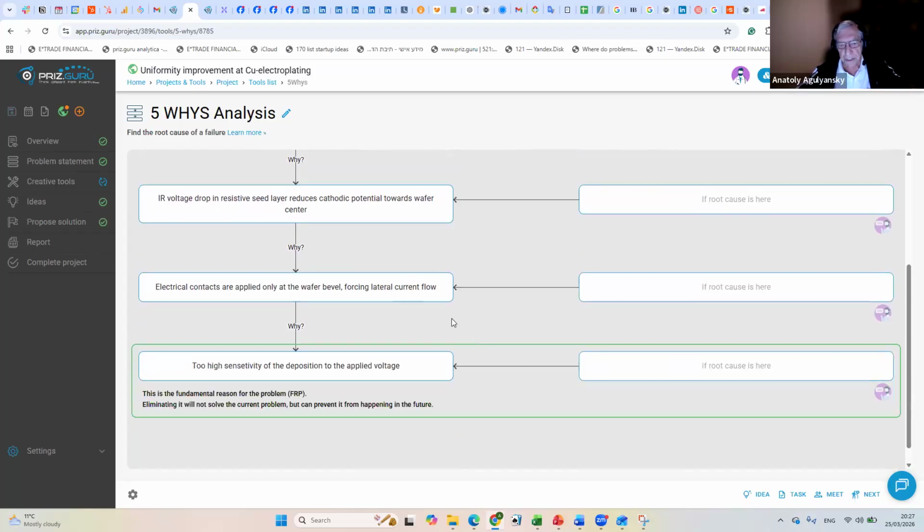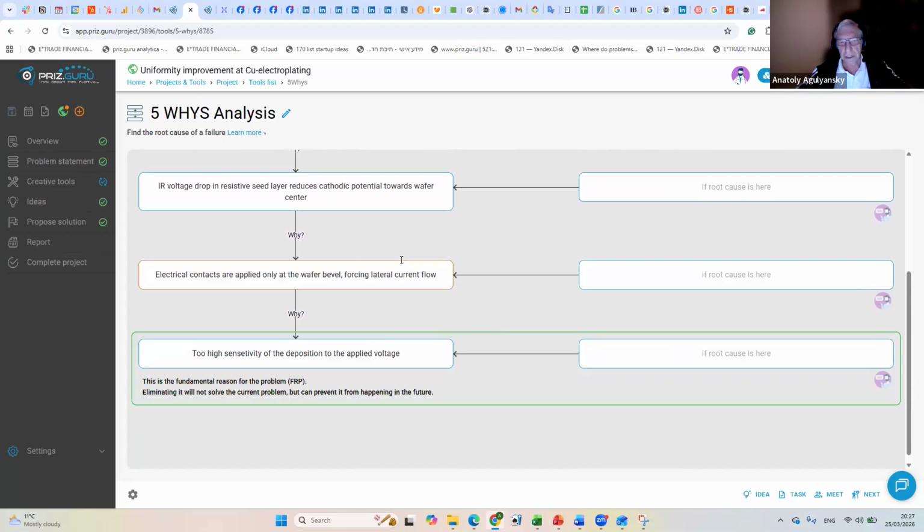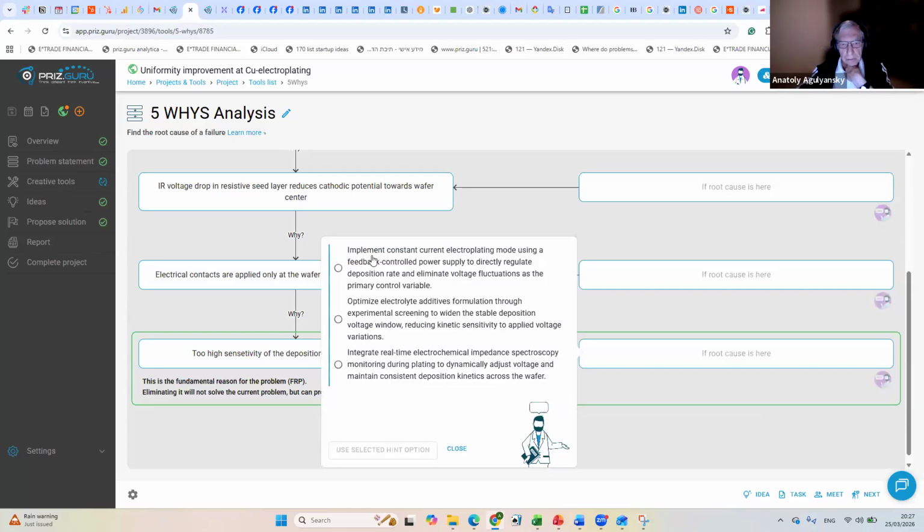I can add solutions for each step. For instance, here, let's have a look at what it can propose. Implement constant current electroplating mode using feedback. Optimize electrolyte additives.